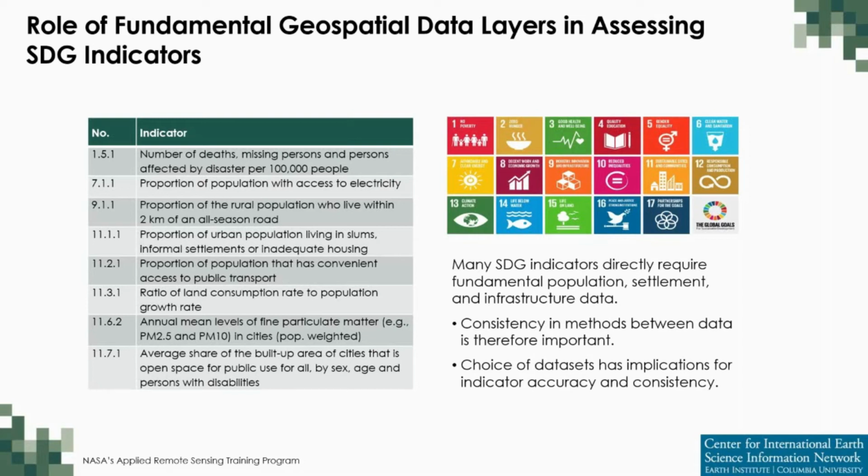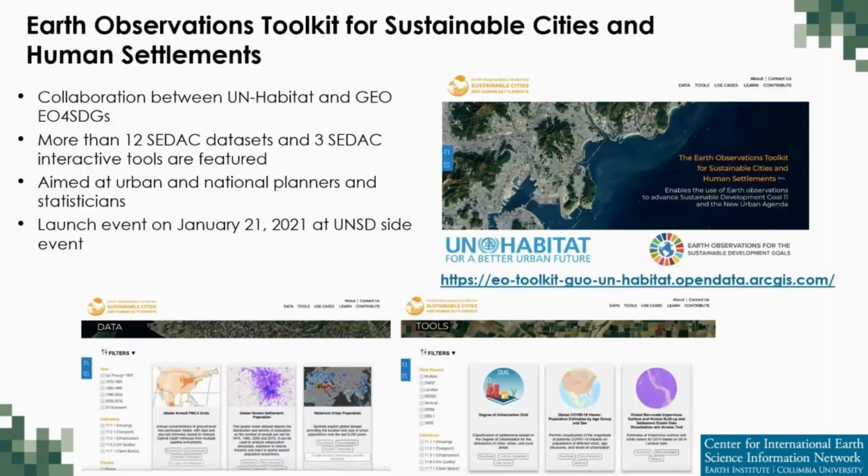Here's a list of some of the ones we focused on, and try to highlight the issue that countries, in order to develop consistent indicators, potentially need population data that is appropriate to the indicators, potentially consistent across the indicators, as well as with other countries. And you will hear in a subsequent talk some of our more detailed work on 9.1.1, the proportion of rural population who live within 2 kilometers of an all-season road.